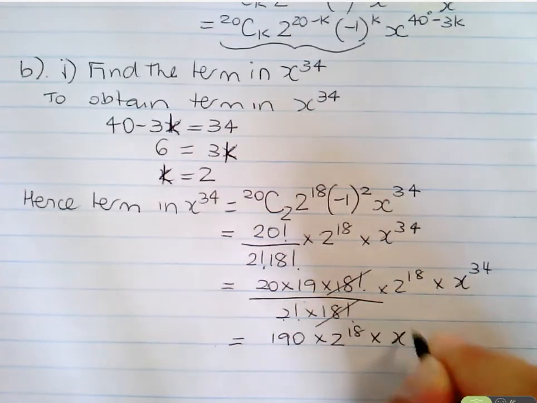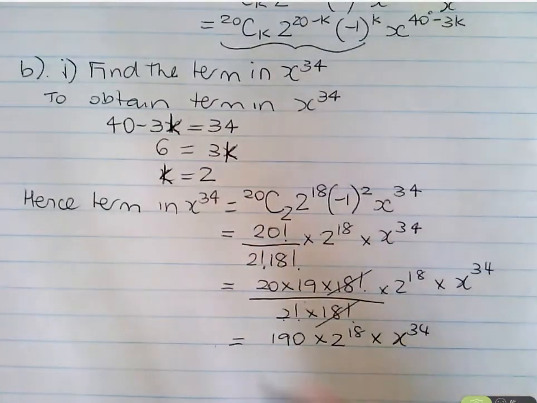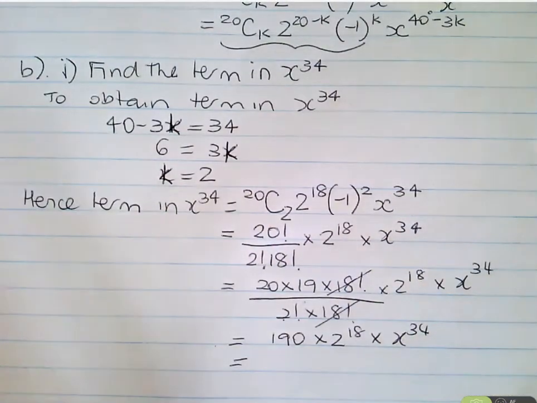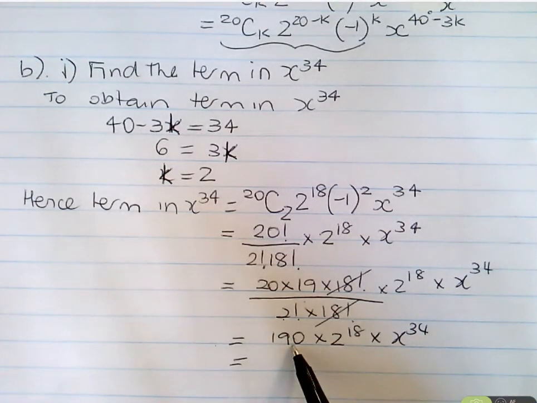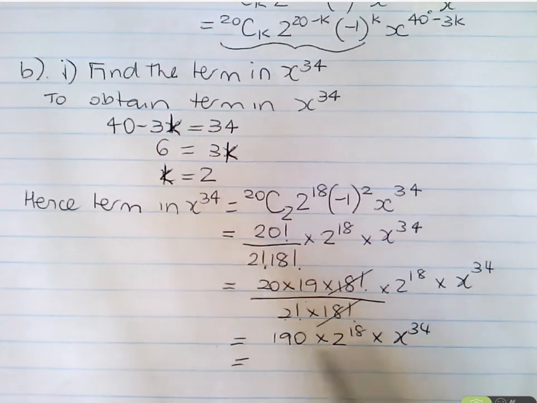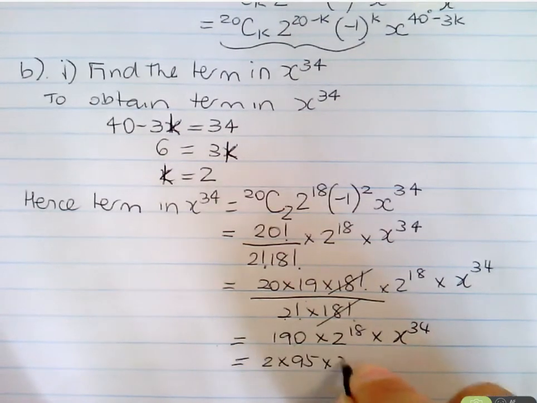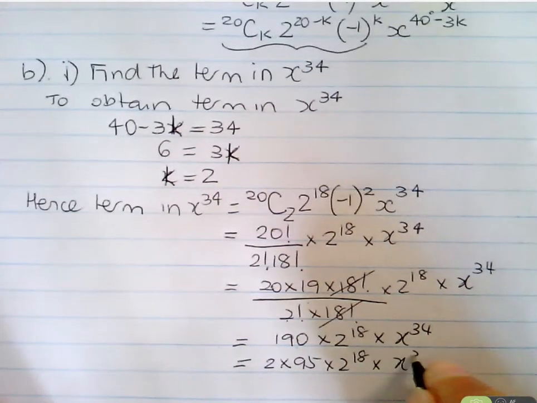Look, I suppose with this one, if they don't ask you, just put it in your calculator, all right? Then you could work it out. I mean, 190 is really 2 times something, isn't it? It's 2 times 95. If I want to write that in simplified index notation, is 95 divisible by 4? It's not. That's really 2 times 95 times 2 to the 18 times x to the 34.